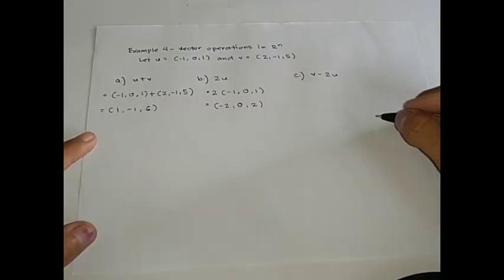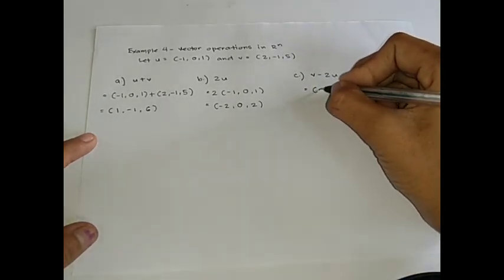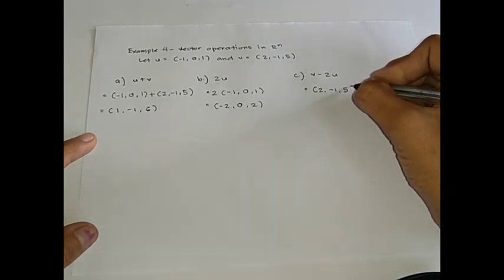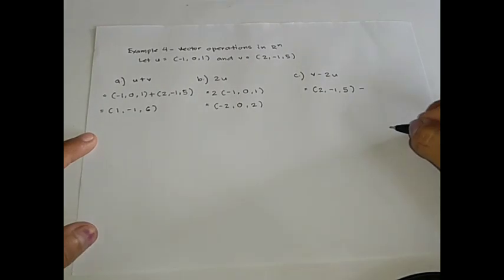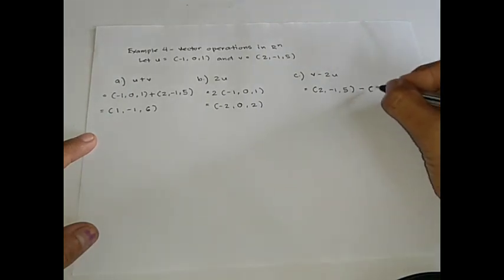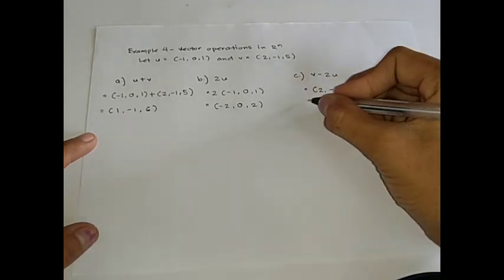Then for letter C, V minus 2U. Using the result of part B, the value of V is (2, -1, 5). Then we will subtract the result we got in letter B, which is (-2, 0, 2).